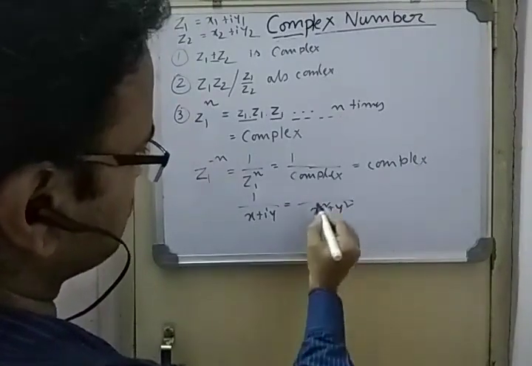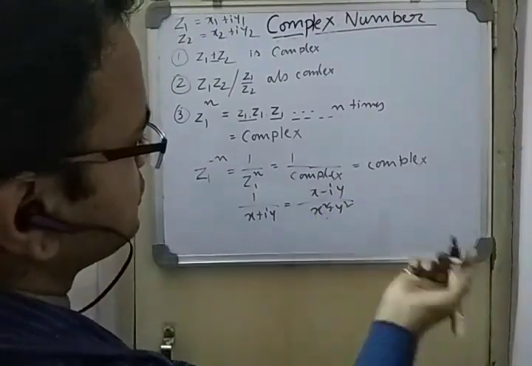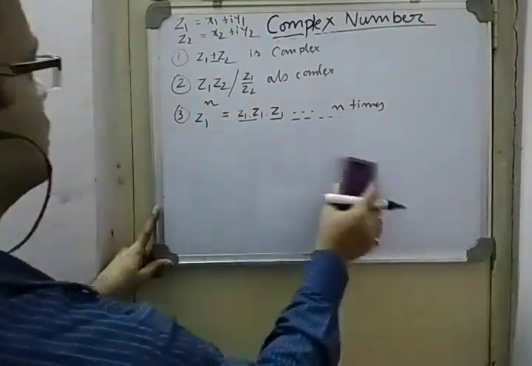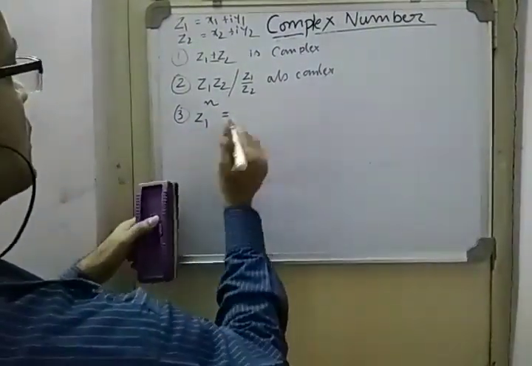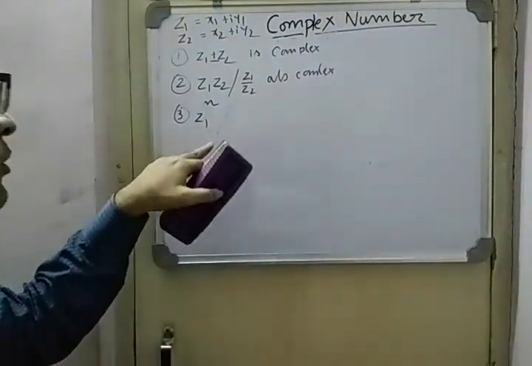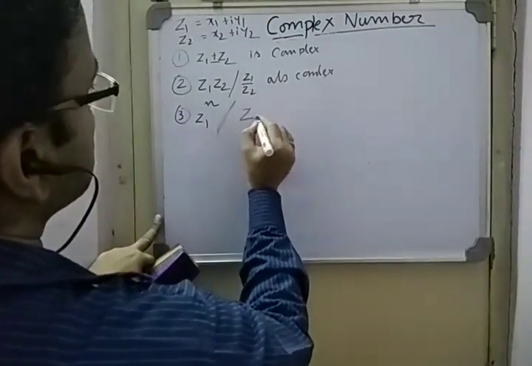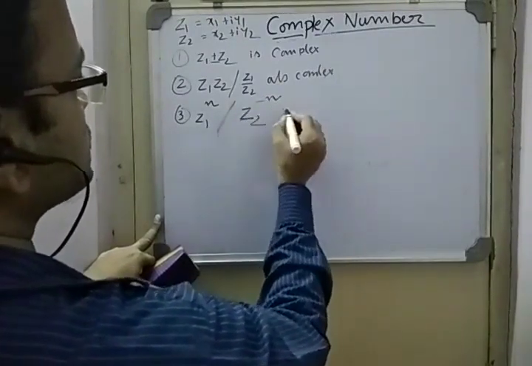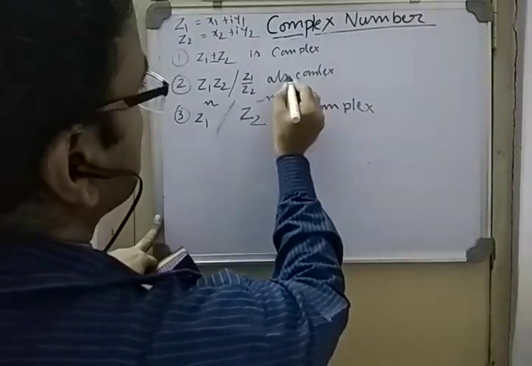So you will get x square plus y square, x minus i y, so x by this minus i y by this. Or we will write Z1 to the power minus n. Okay, Z1 to the power minus n is again a complex number.